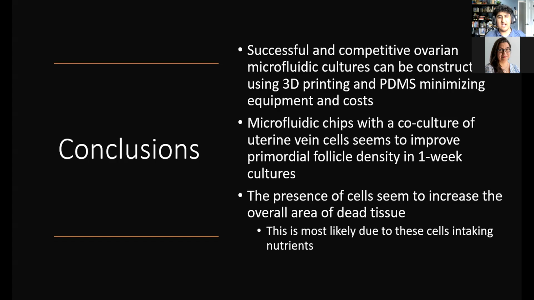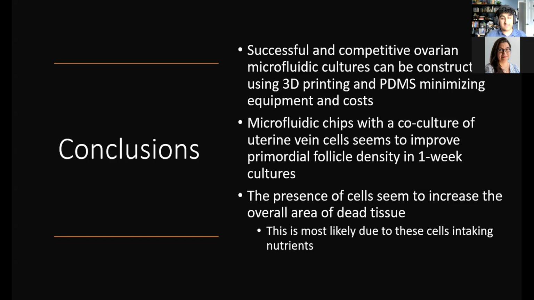You can also see that microfluidic chips with a co-culture of uterine vein cells seem to improve the primordial follicular density in a 1-week culture, meaning that the chip we developed could be more successful and be a competitive culture method.